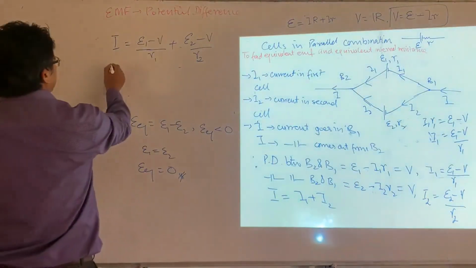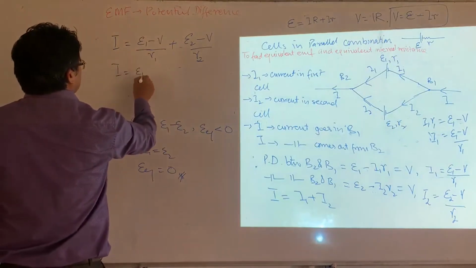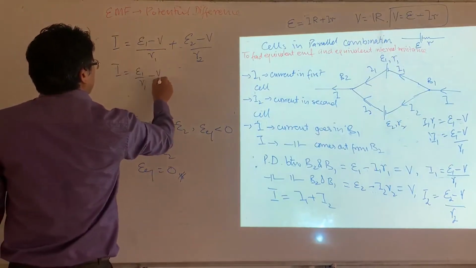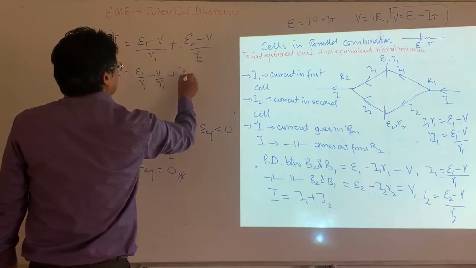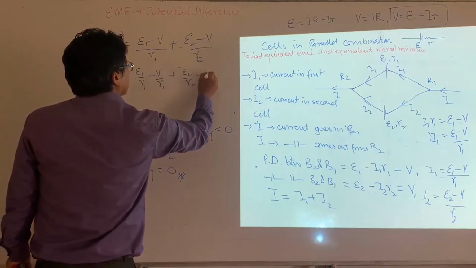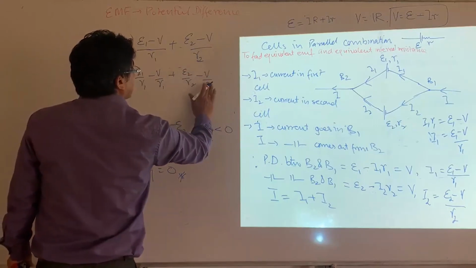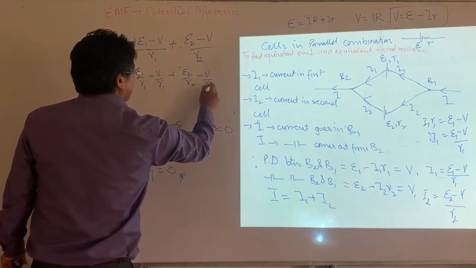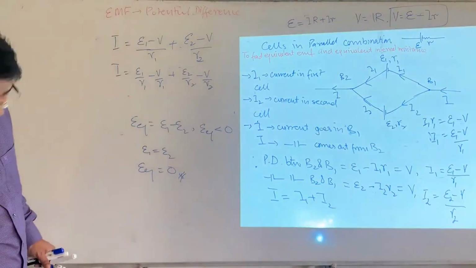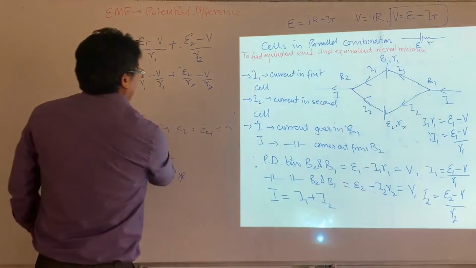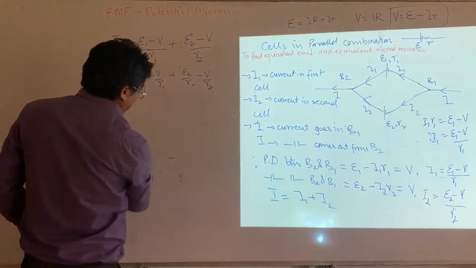Alright. So to do that, what I'm going to do is E1 by R1 minus V by R1 plus E2 by R2 minus V by R2. And then I just do simplifications.